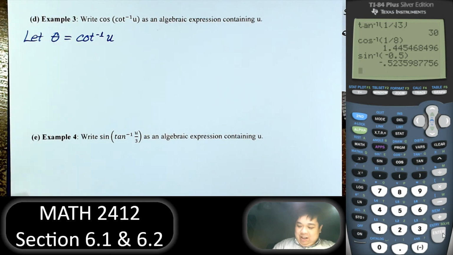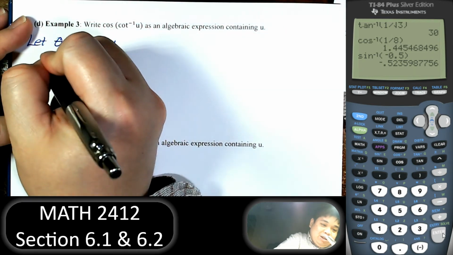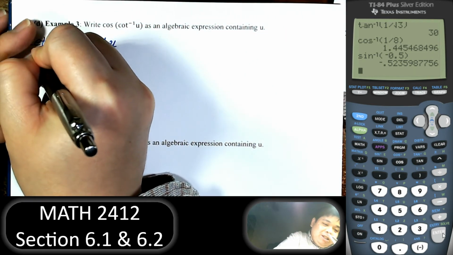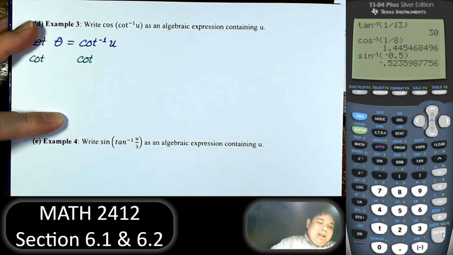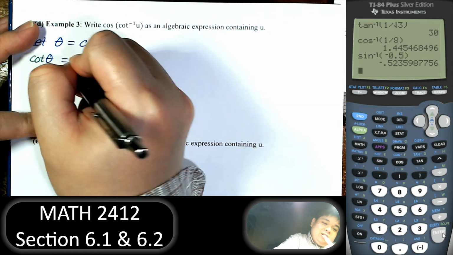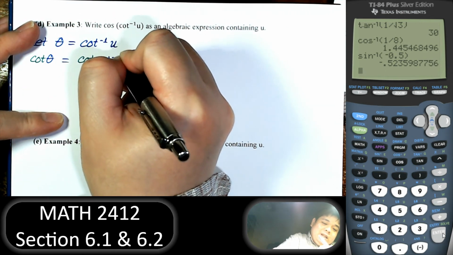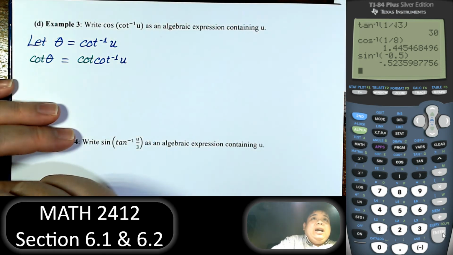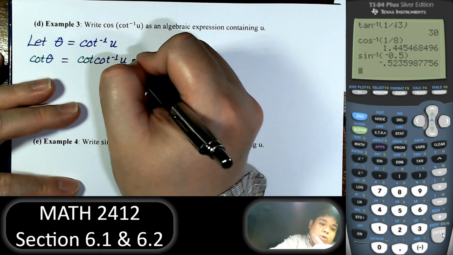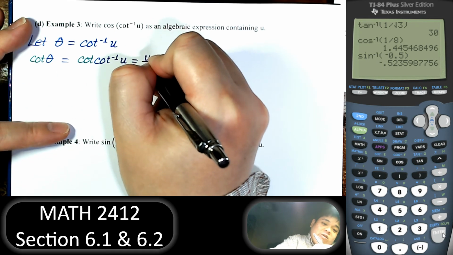Of course, I don't know how many times I say it. The function cancels the inverse if it is defined. So cancelling here, we have u, which is u over 1. Let's write that as a fraction.